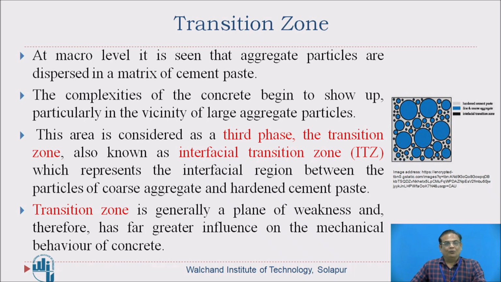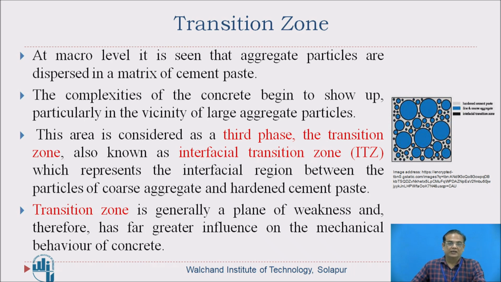Now, what is transition zone? Dear students, if we observe at micro level, we can see that aggregate particles are dispersed in a matrix of cement paste. The complexities of the concrete begin to show up, particularly in the vicinity of large aggregate particles.